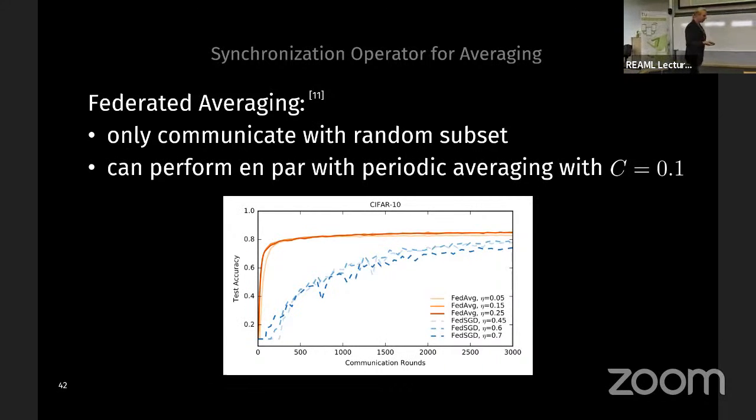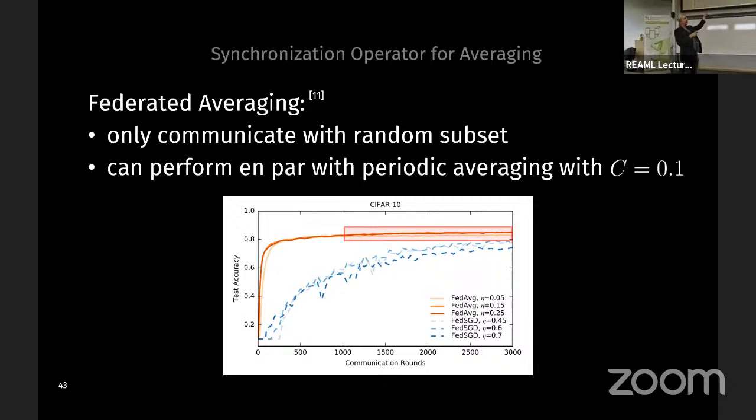And what they could show is that this is as good, or in some cases even outperforms, classical periodic averaging. So this was a huge result. The only thing that is not so nice is in terms of communication, they reduce it by a constant factor, but they still communicate already when they basically have converged. So it is not ideal in the sense of communication.